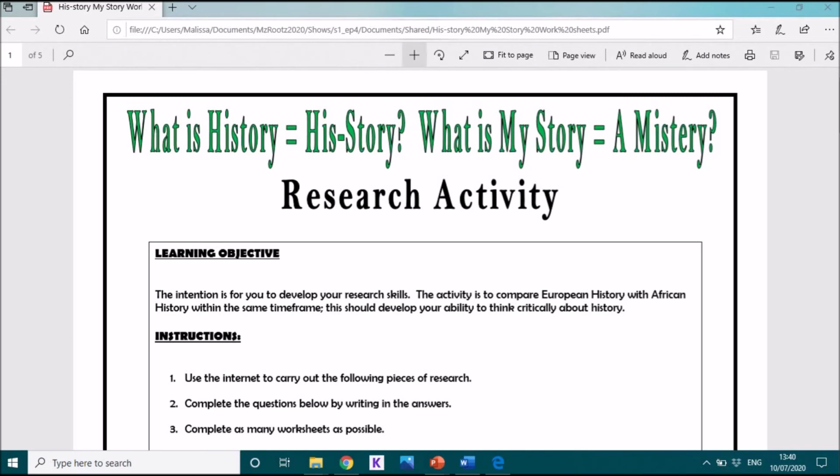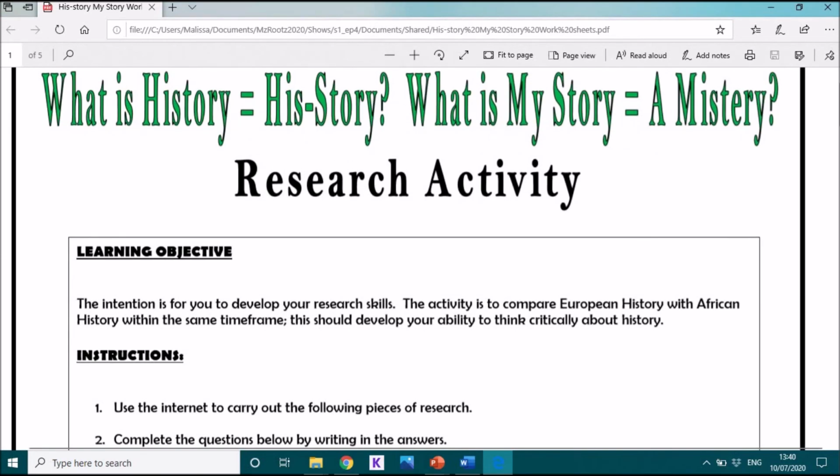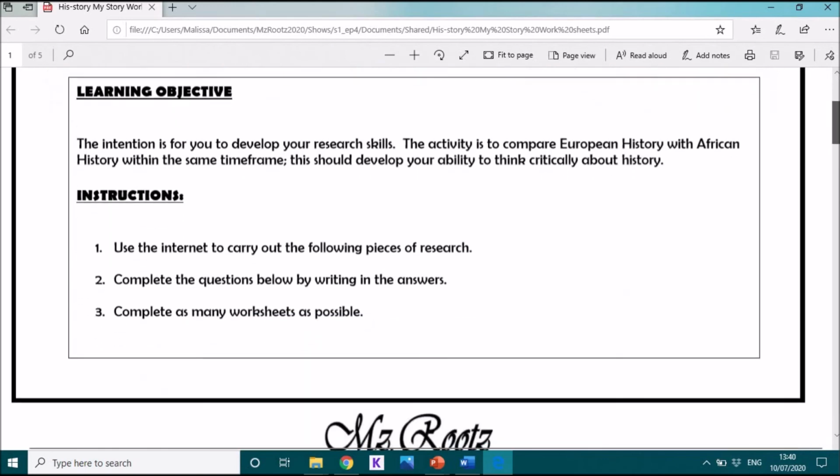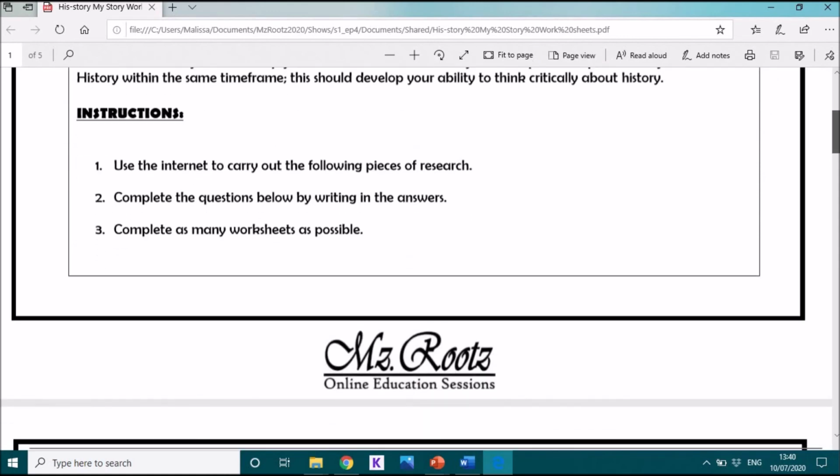Now, the learning objective, and I'll read it to you: the intention is for you to develop your research skills. The activity is to compare European history with African history within the same time frame. This should develop your ability to think critically about history. And it goes down and gives you instructions as to what to do.